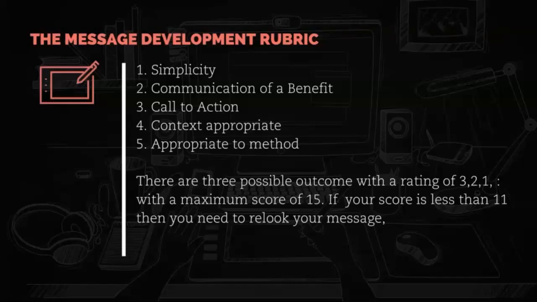When we talk about appropriate to method, we're talking about the method that we're going to be using to convey that message. If we're out in the countryside and there is no electricity, or there is limited Wi-Fi, is WhatsApp a good way to convey messages?